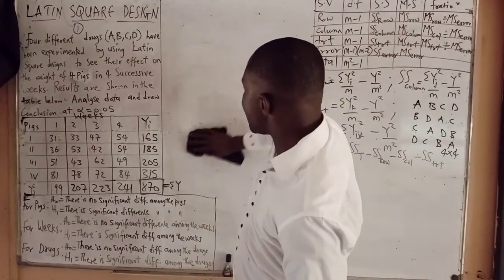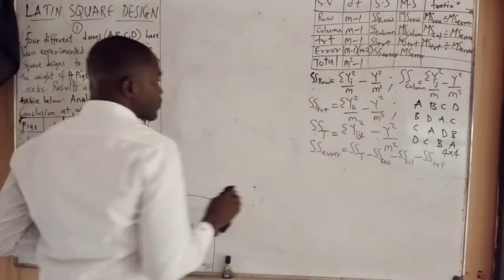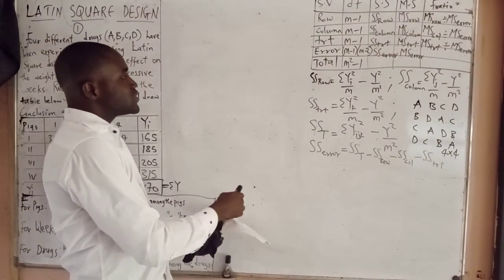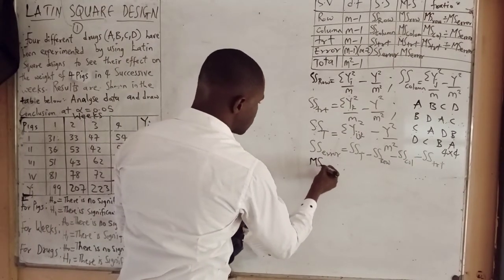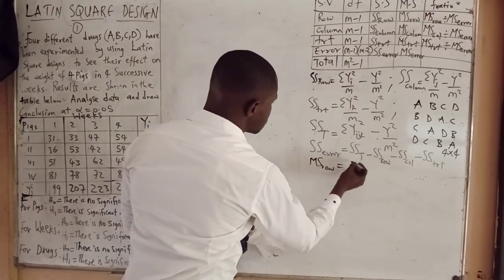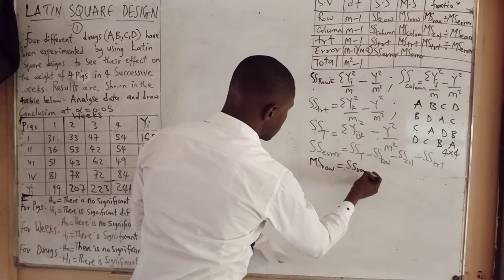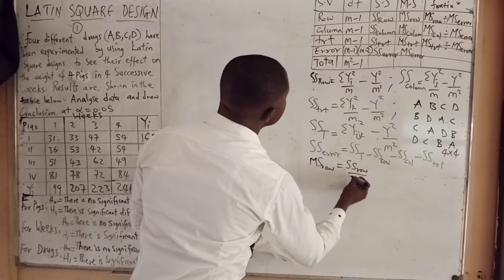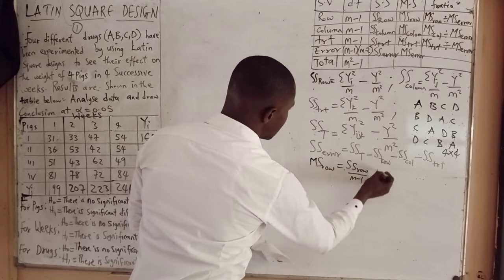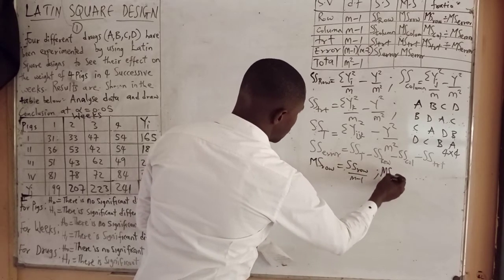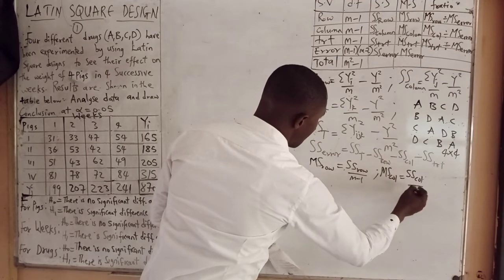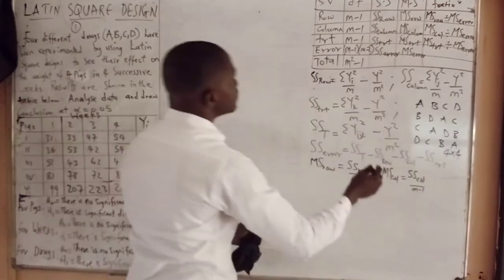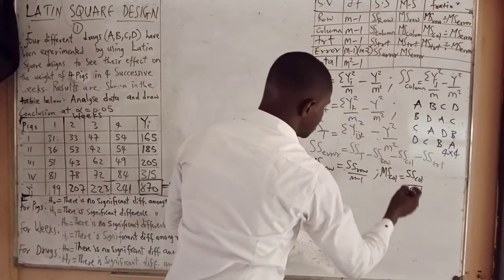So what we now do is we say from here MS row equals SS row divided by M minus 1, MS column equals SS column divided by M minus 1. That is this divided by this.